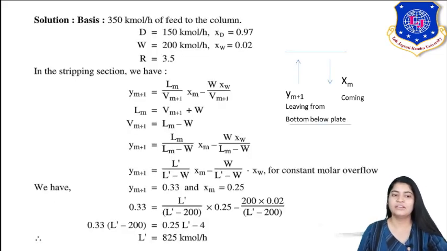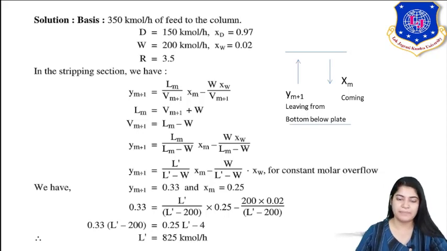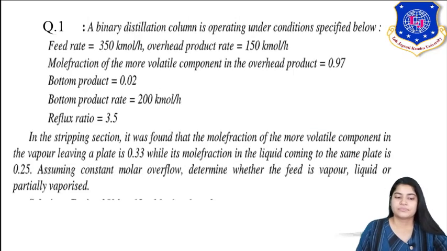So let's start. The basis is 350 kilomole per hour of feed. D is also given, W is also given, and you have the mole fractions also. Now in the stripping section the formula is: Ym+1 = (Lm/Vm+1) Xm - (W xw/Vm+1).